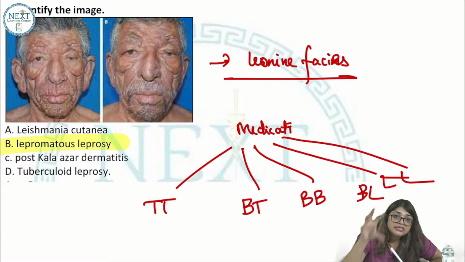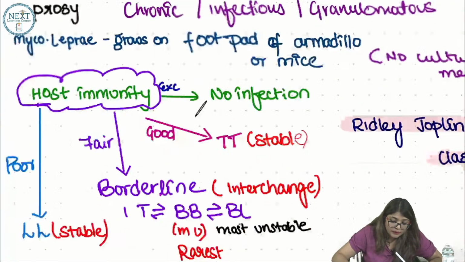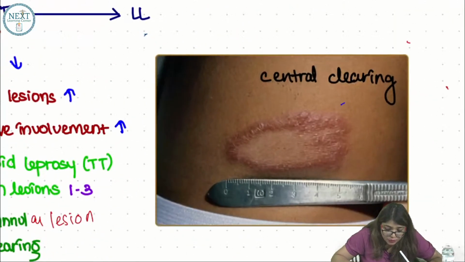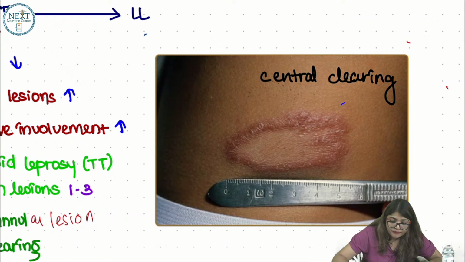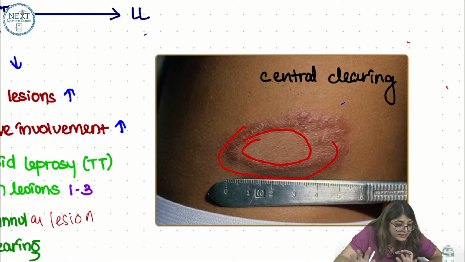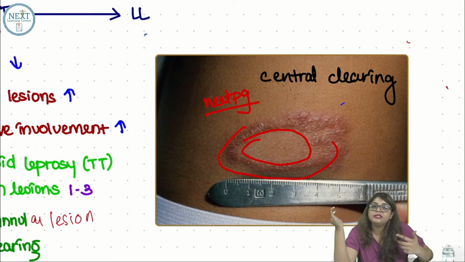And there are lesions here that they ask questions on in derma, right? I just want to show you the lesions. Look at this lesion. Can you see that there is central clearing and the periphery is raised? This question was asked in NEET PG as well. Many people told me, ma'am, NEET PG questions come in FMG, so why don't you do NEET?